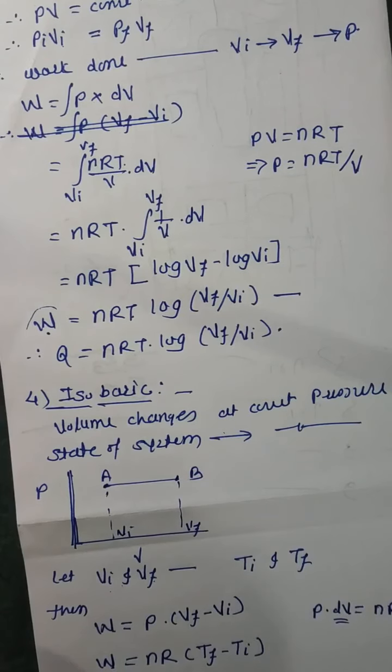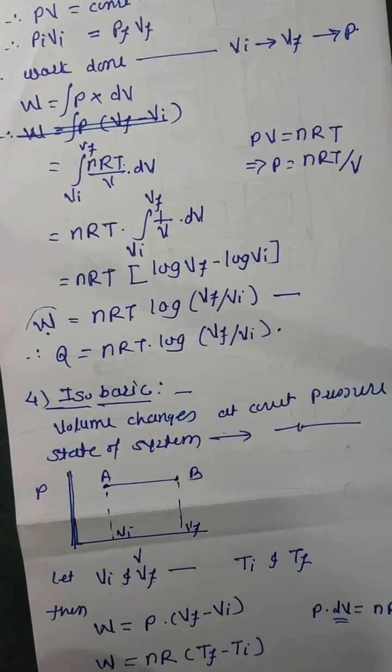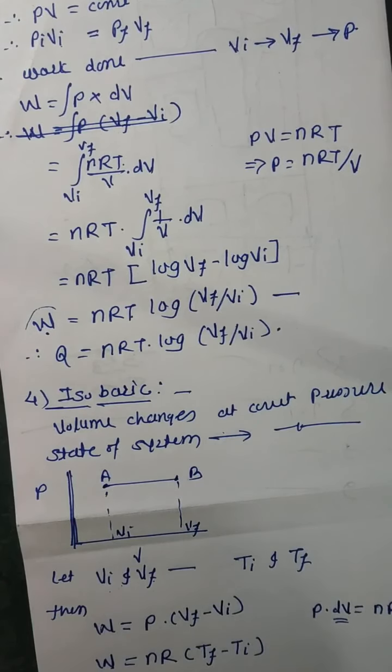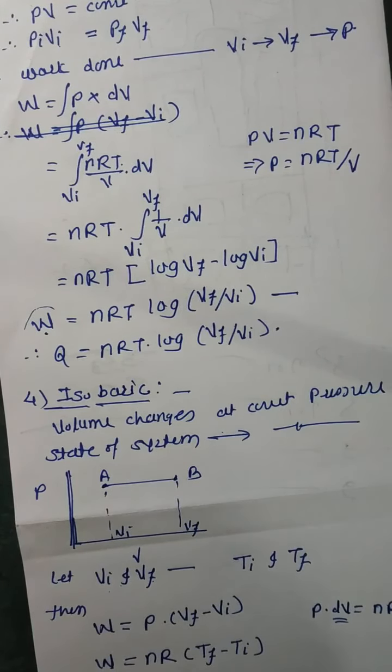Now, change in internal energy. That is delta U, the change in internal energy, that is n into Cv into dT.